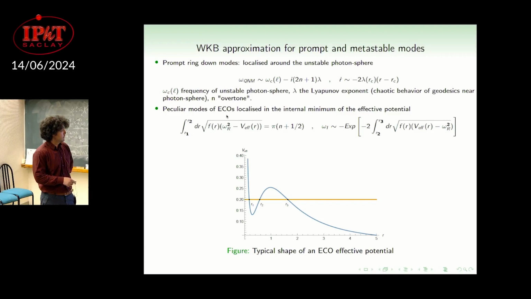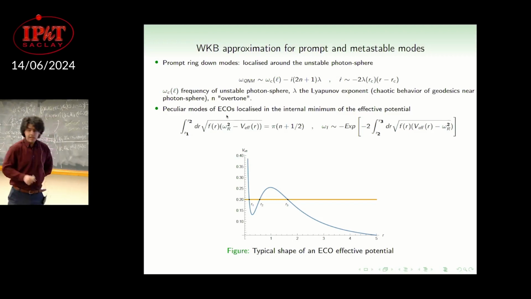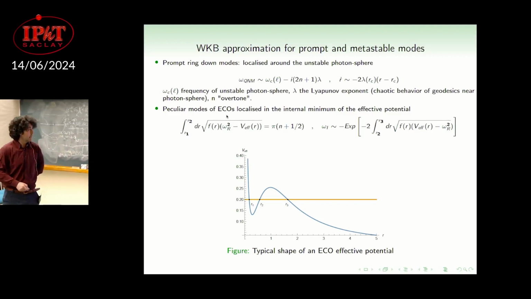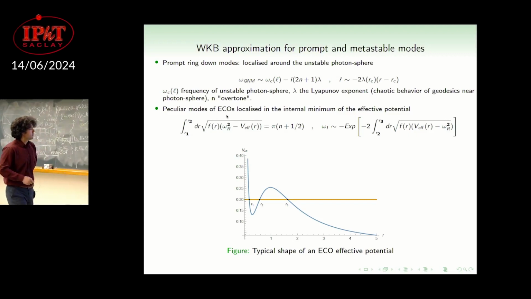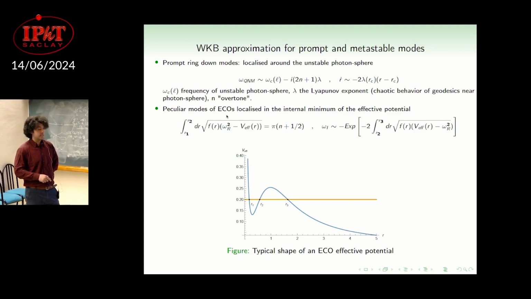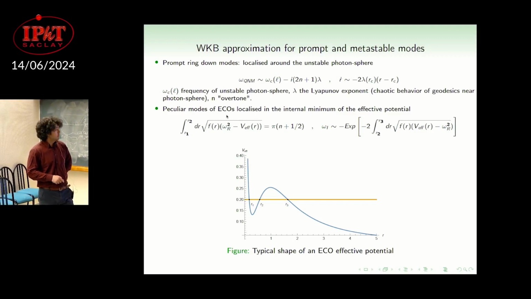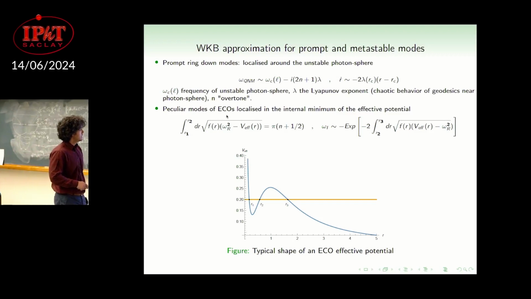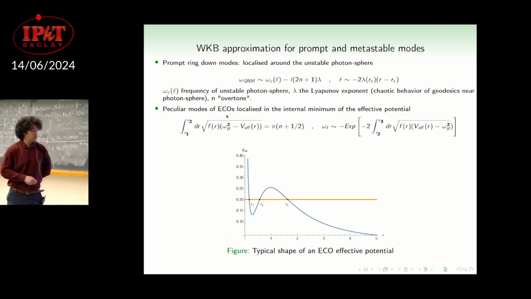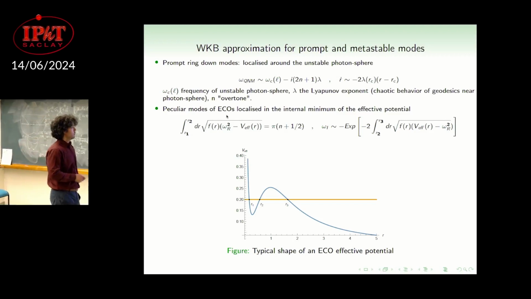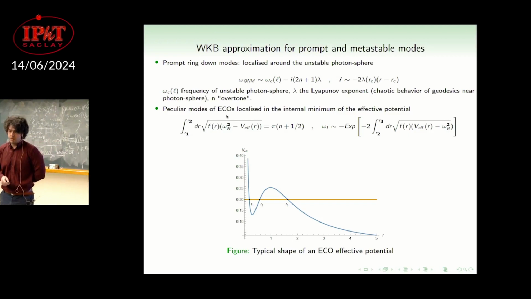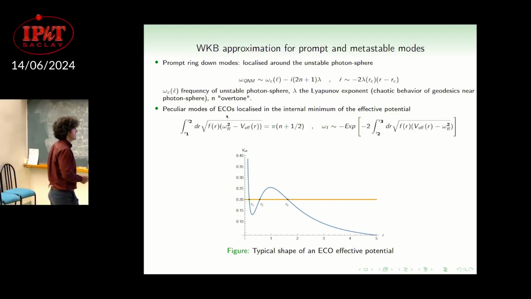So you have the unstable photosphere, and here also the stable photosphere, or light ring. And actually, in the WKB approximation, you can say that there are two families of quasi-normal modes. One is localized around the unstable maximum. These modes are usually called prompt ringdown modes in the literature, and the other modes, which are localized around the minimum, are usually called metastable modes or long-lived modes, as Paolo Pani already said 3 days ago.